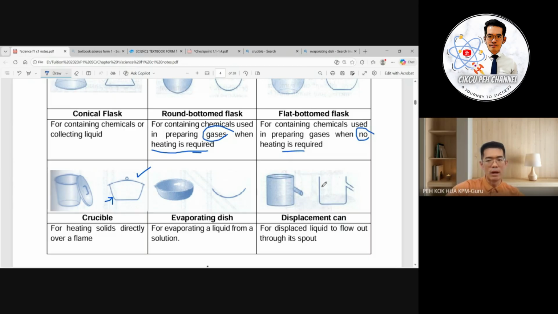Firstly, we have to pour our water until the lower part of the mouth. You can see here. When you put in, for example, a stone, the water level increases and then will flow out.